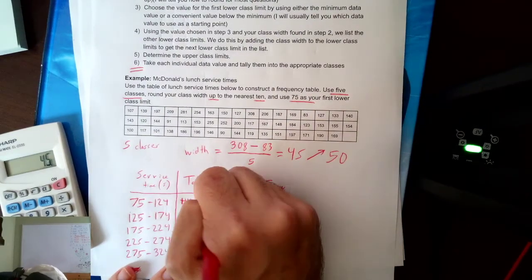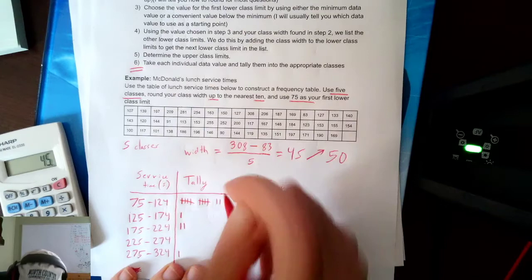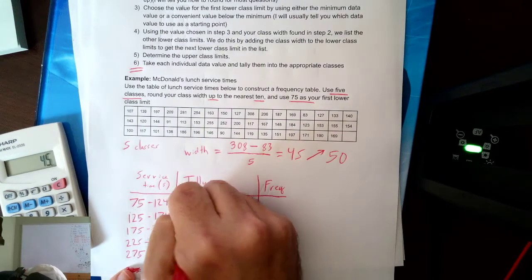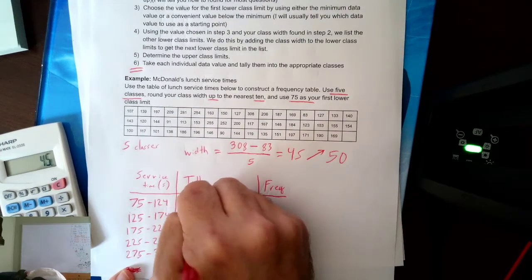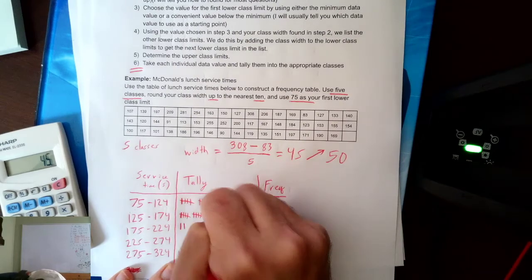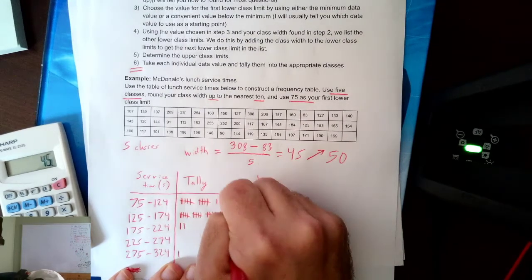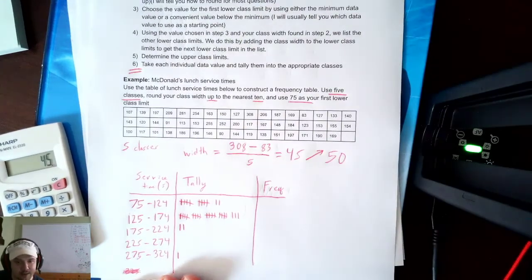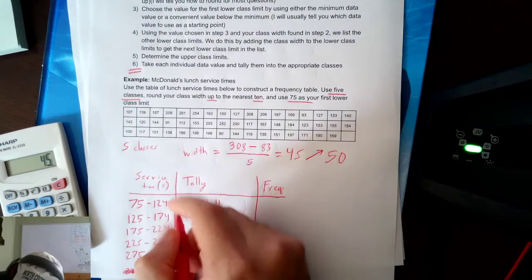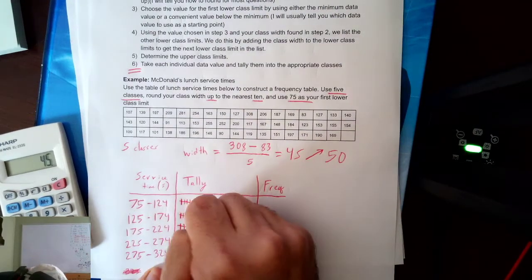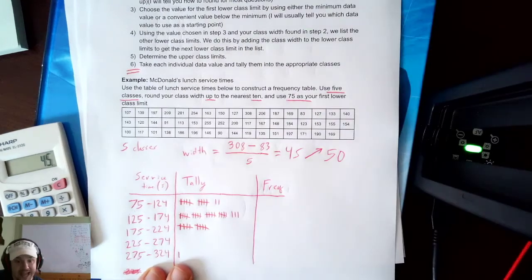The first one, we should have found 12. The second category, we should have found 23. The third category, we should have found 10.